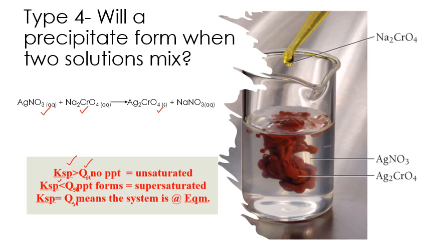So what does that Q represent? We already know that it is the reaction quotient, which uses concentrations not at equilibrium. Whereas for Ksp, the concentrations we are using are at equilibrium. That's the difference. Let's go ahead and see some examples.